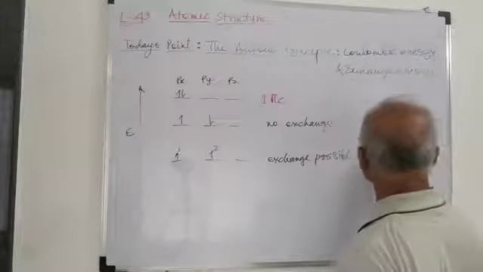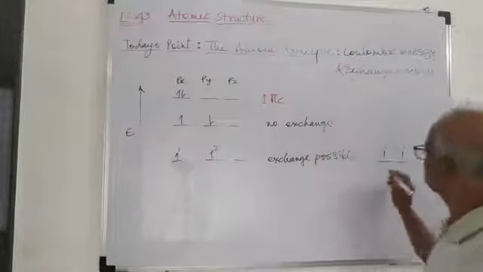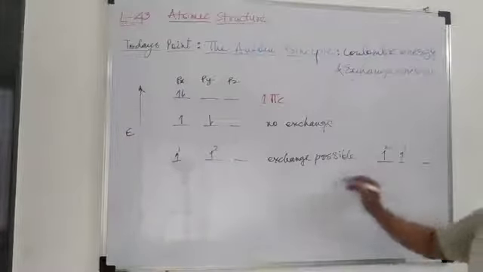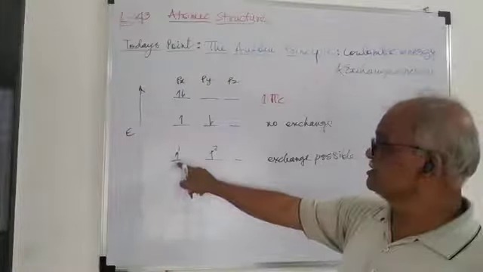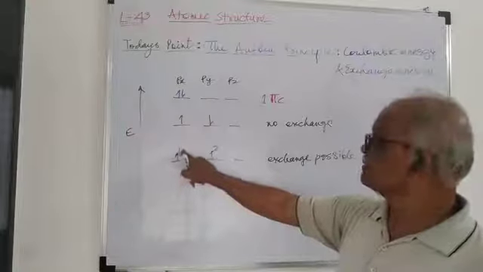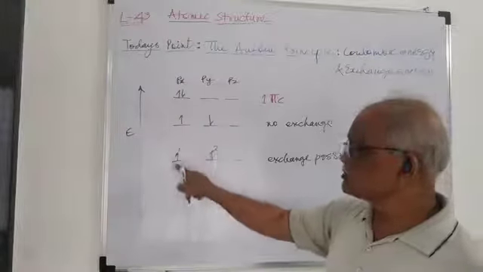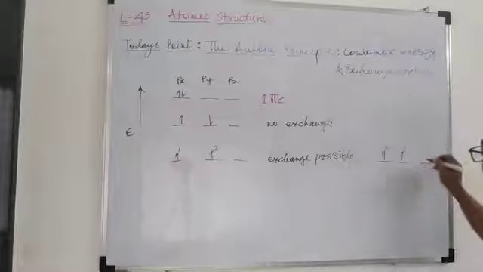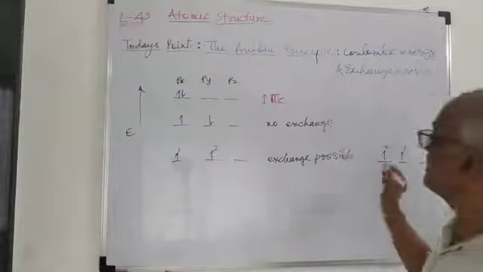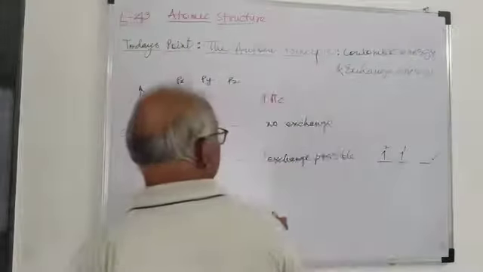So we label these electrons like this, 2 and 1. Here we find that the positions are exchanged. Electron number 1 goes to position 2, electron number 2 comes to the first position. So we get this type of arrangement. There is only one exchange possible.